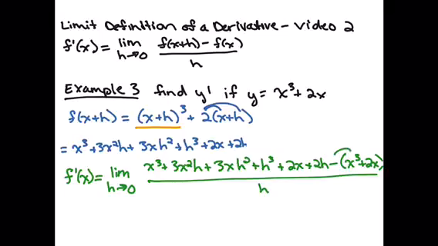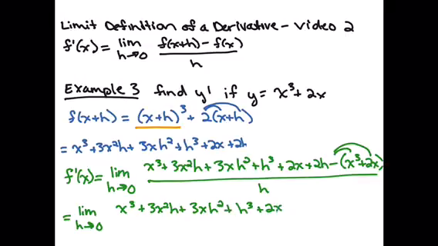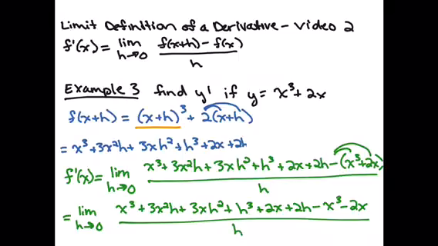So now I'm going to distribute this minus, and I get x cubed plus 3x squared h plus 3xh squared plus h cubed plus 2x plus 2h minus x cubed minus 2x all over h.